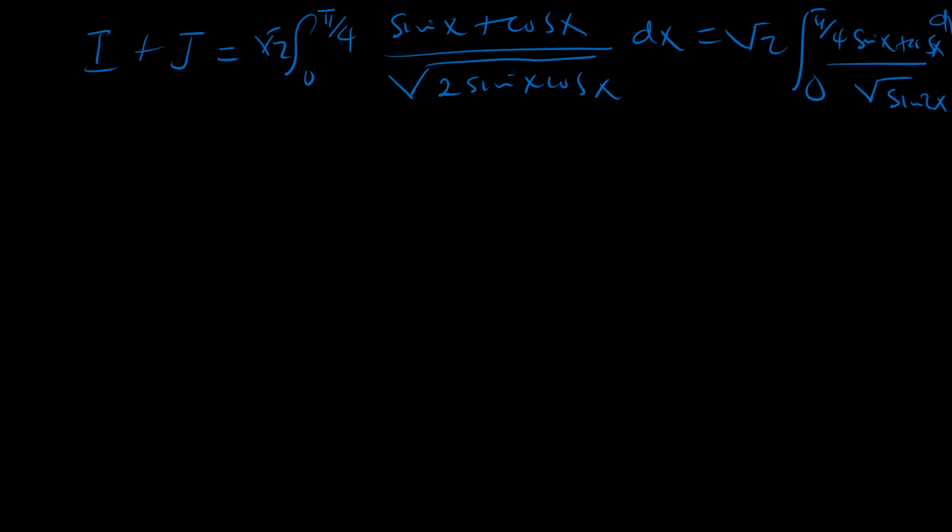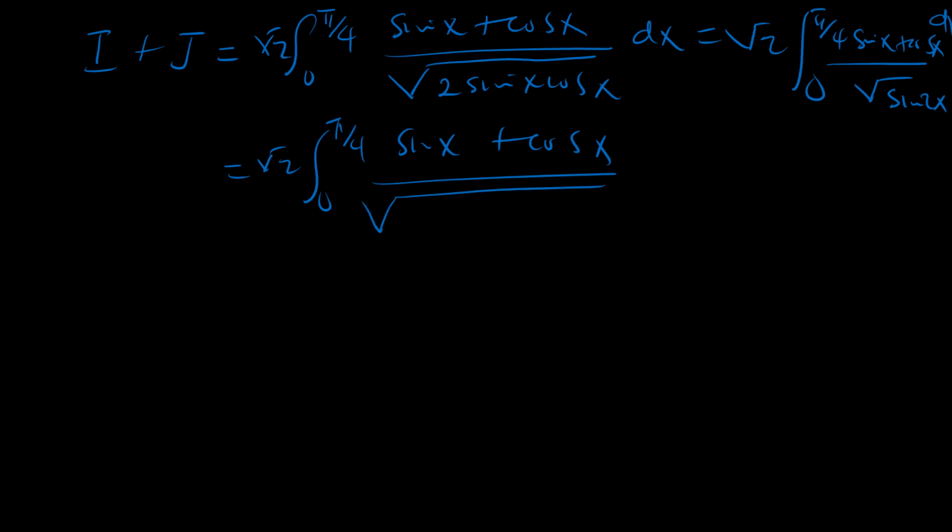Right? So this is the same as root 2 times the integral from 0 to pi over 4 of sine x plus cosine x over the square root of 1 minus sine x minus cosine x squared.